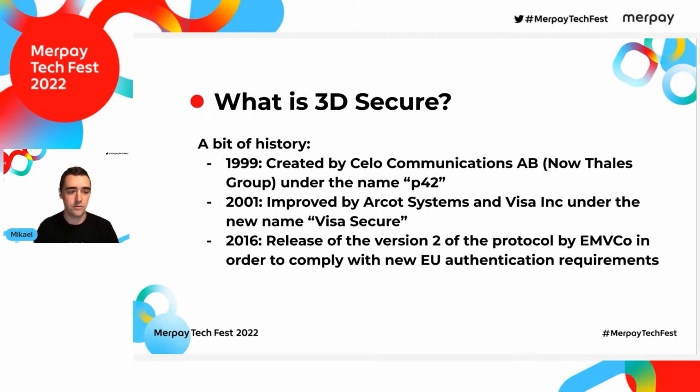So it was a new version. And then in 2016, there was a release of version 2 of this protocol made by EMVCo, in order to comply with new EU authentication requirements. So that's, of course, the one we are using, the most recent version.